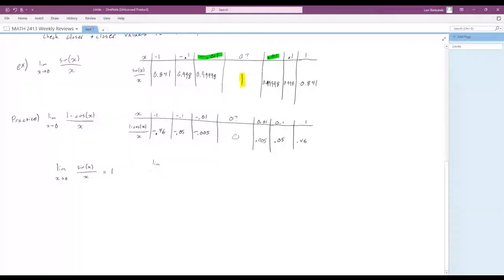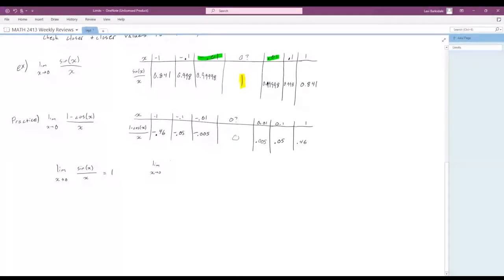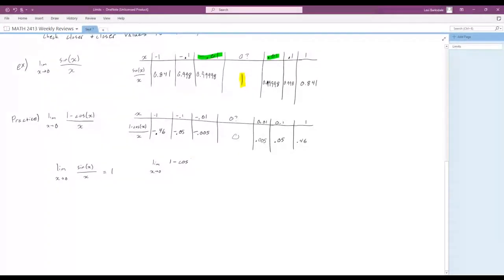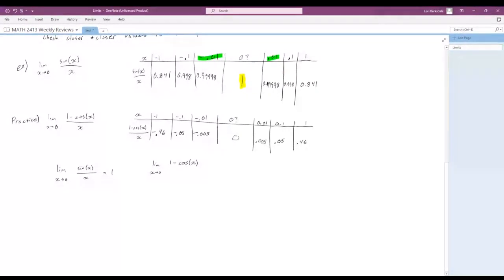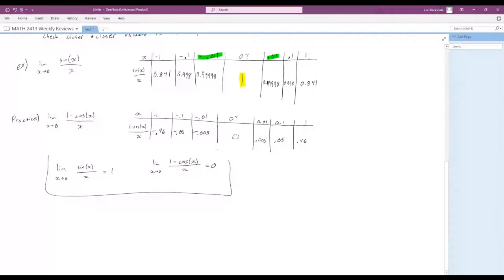And also the limit as x goes to 0 of 1 minus cosine of x divided by x is equal to 0. These are very helpful limits to know, so it might be best just to memorize them or take note of them so when you see them you can be like, those are special. All right, but are we good for the tabular method?